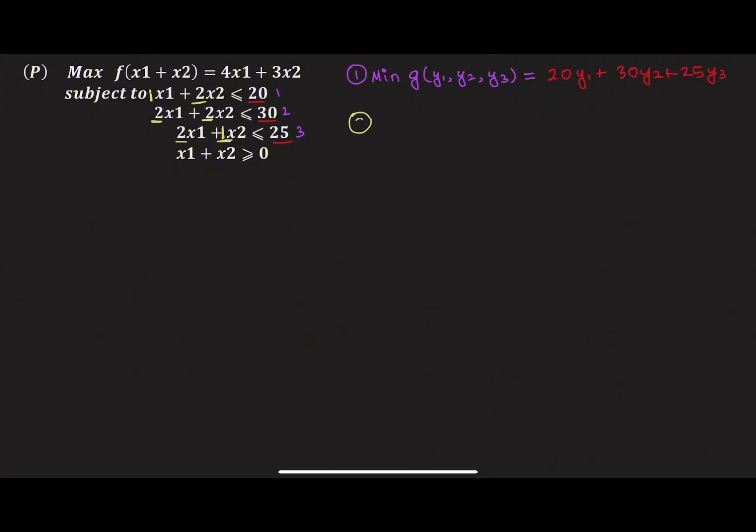So 1, 2, 2, 2, and then 2, 1, and then we take the transpose of this matrix.